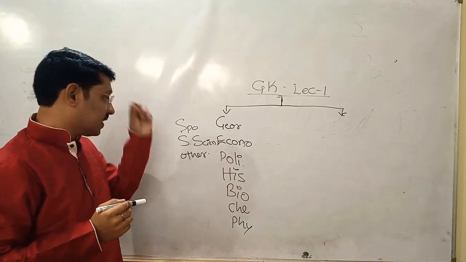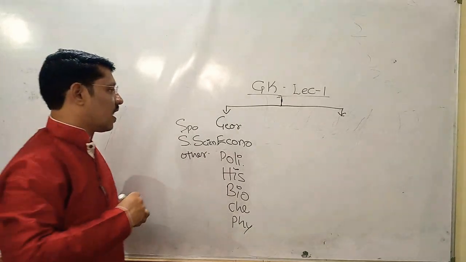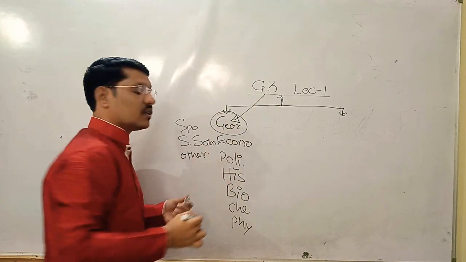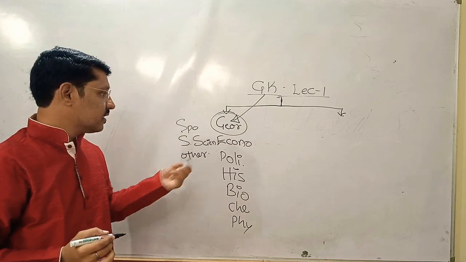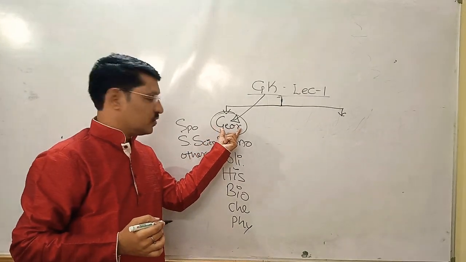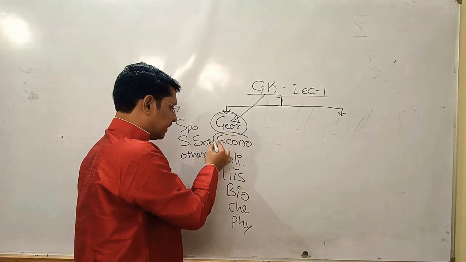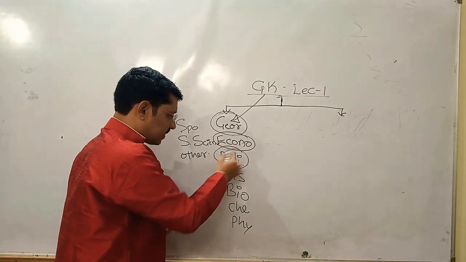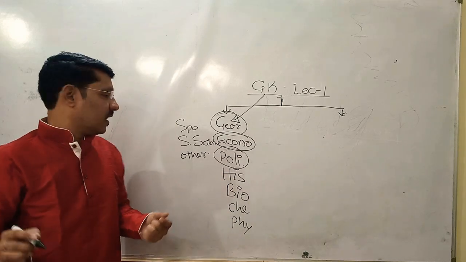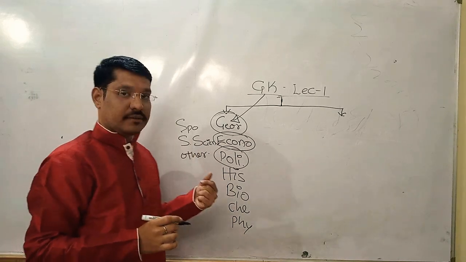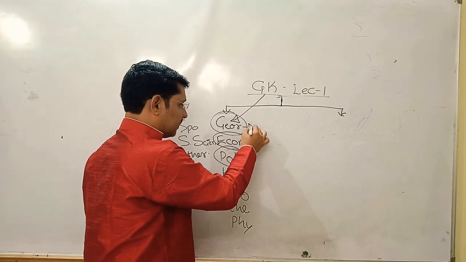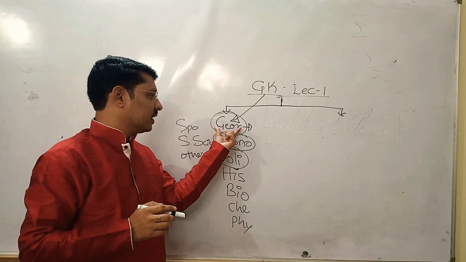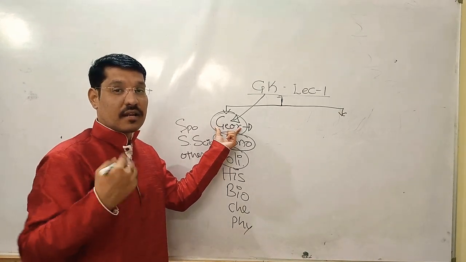Now, coming to the examinations, nowadays under general knowledge most of the questions come from geography. Next, economics is highlighted almost everywhere. Next is political science, history and so on. Under fixed GK, under the geography topics, the first basic point is the solar system.